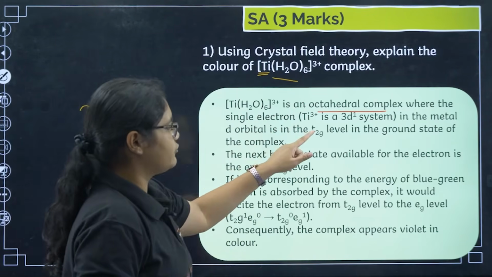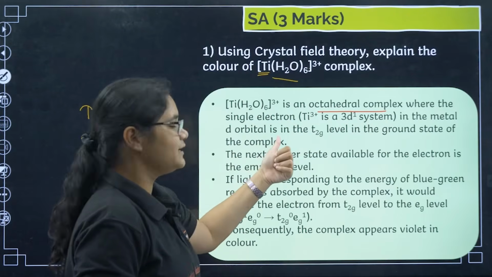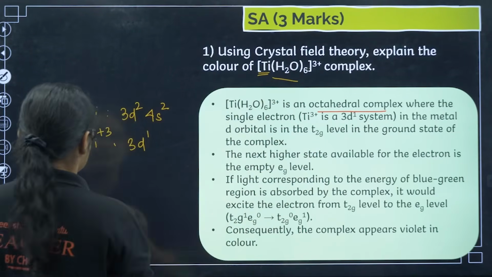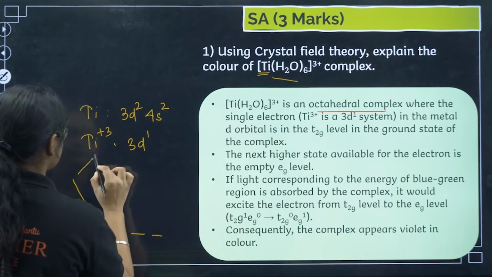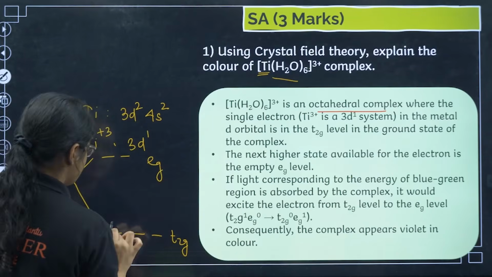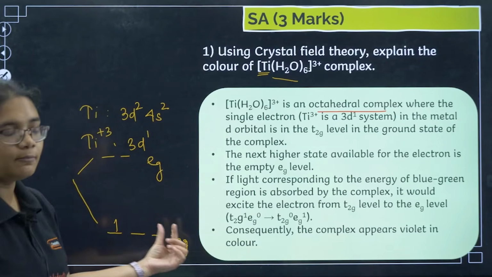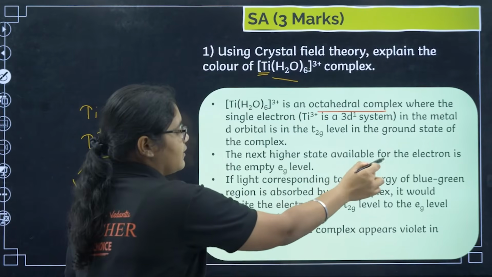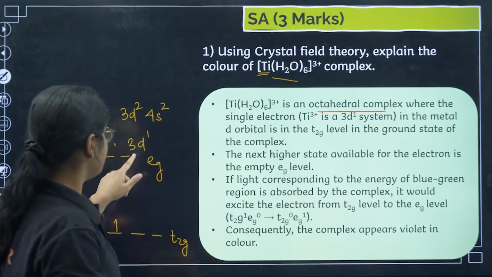So the single electron in the metal d orbital is in the t2g level. Since it is an octahedral complex, the splitting will be like this. This is t2g and this is eg. There is 1 electron present at the bottom. The next higher state available for the electron is the empty eg orbital.